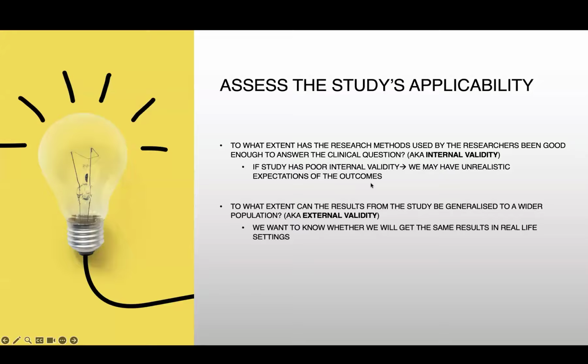So this was what I had explained during the bias talk. So to what extent can the results from the study be generalized to a wider population? That is also called external validity. So we need to know whether we will get the same results in real life settings. So this is what we also need to look into. For this, we need to see if the study population is similar to what we have.